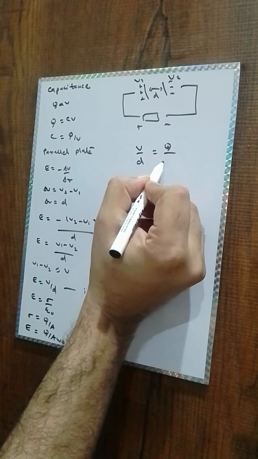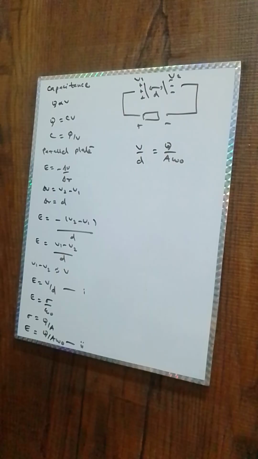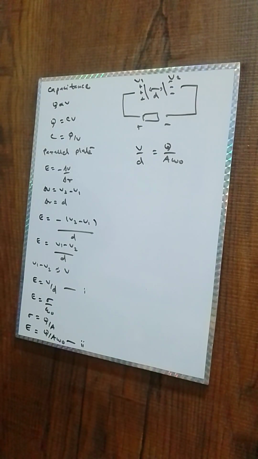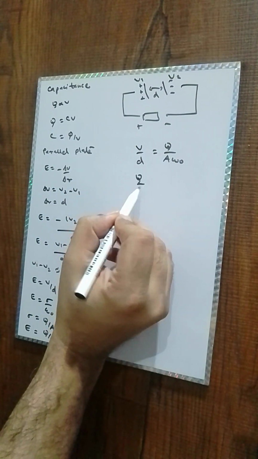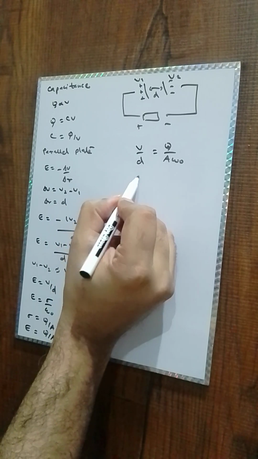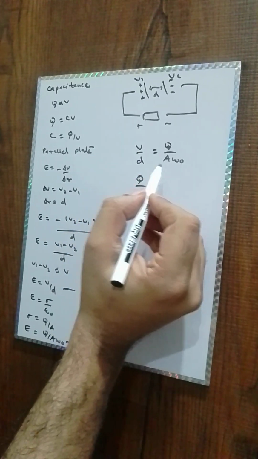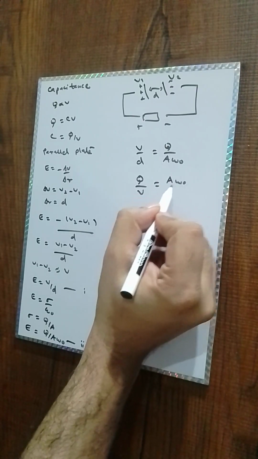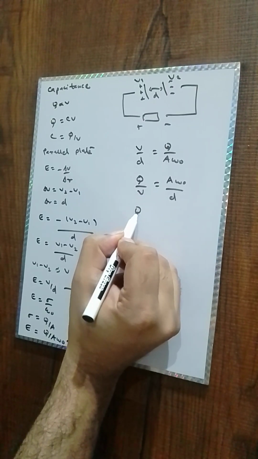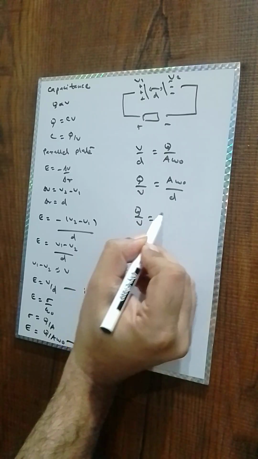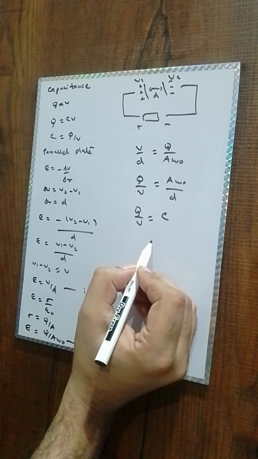So V by D is equal to Q by A epsilon naught. What this gives us is Q by V, very smartly, Q by V, this is what we're looking for, gives us A epsilon naught by D, and Q by V is equal to C, the capacitance.